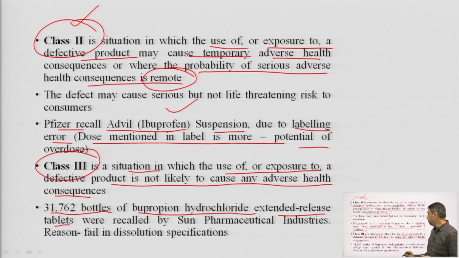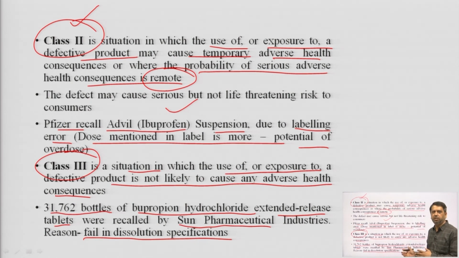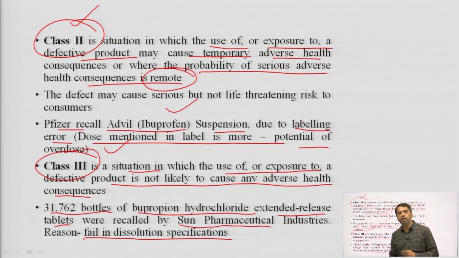These were manufactured by Sun Pharmaceutical Industries. The reason behind this is that they failed the dissolution specification. As we know, tablets should undergo dissolution studies, and they failed in the dissolution studies, and that is why they were recalled from the market. So, this kind of recall is classified as a class 3 recall.